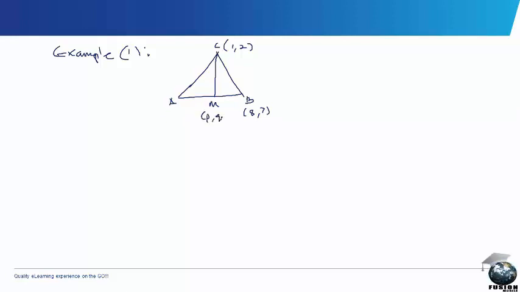We don't know this, and then at A again, we have 8 and 5. These are the points on the coordinates, and you're told to calculate.